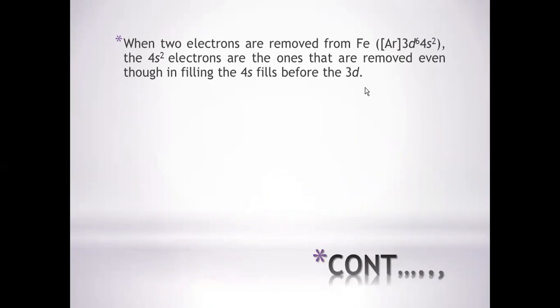So did you understand what they are telling us? When you are writing the filling order, the 4s fills before 3d. So what will happen if you want to remove two electrons together? The 4s2 electrons are removed first, then your 3d.